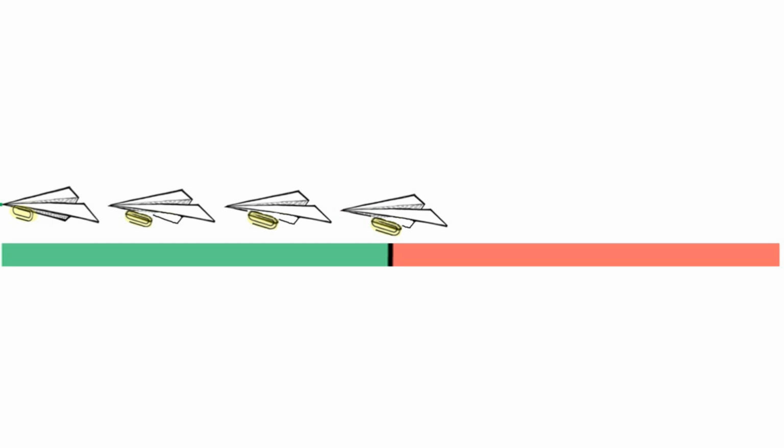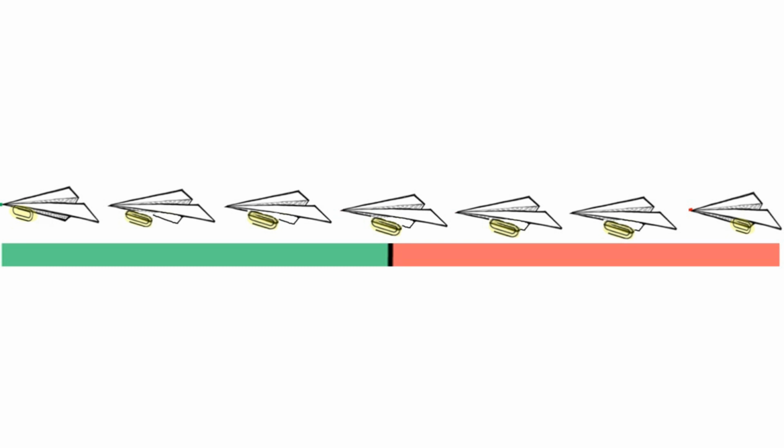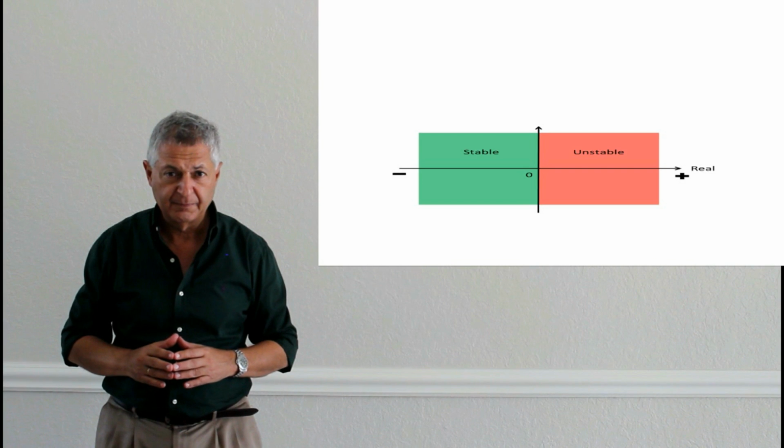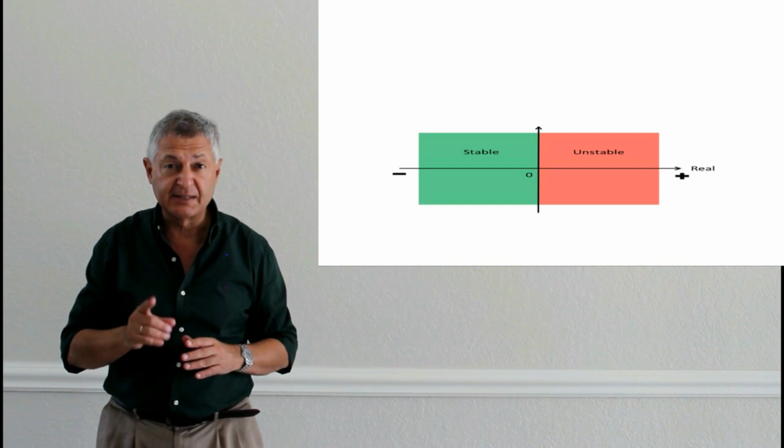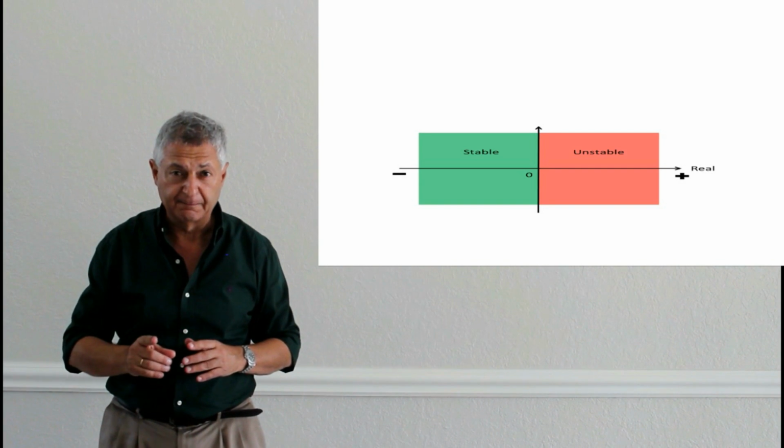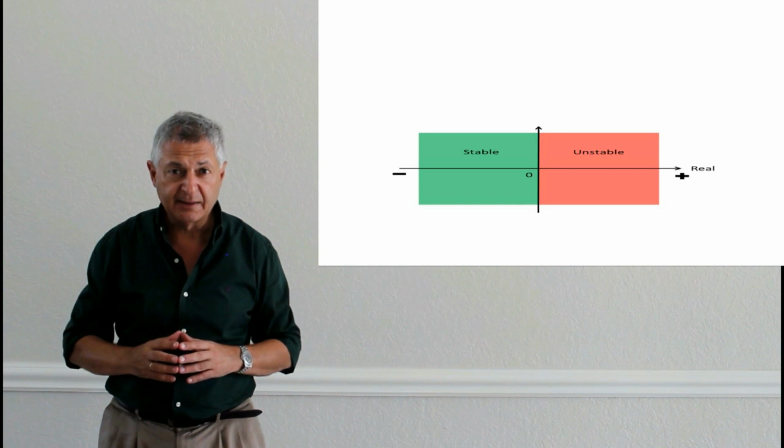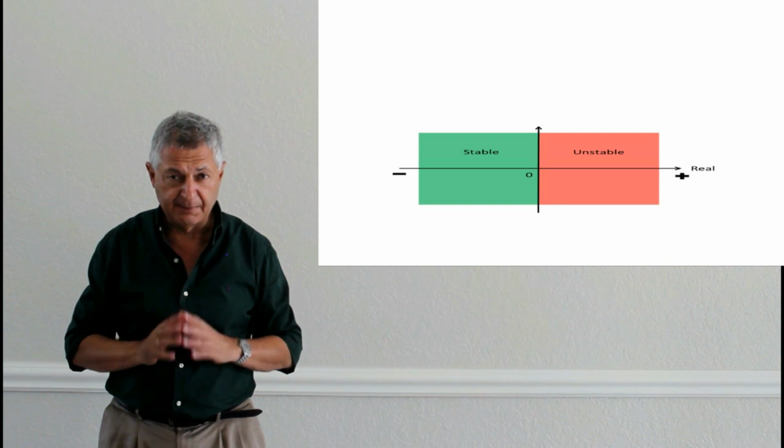So it relates to the location of the airplane with respect to stability or instability. To reiterate, for BIBO stability, all poles of the systems must be in the left-hand side of the S-plane. If one pole of the system is in the right-hand side of the S-plane, it is unstable. As simple as that.